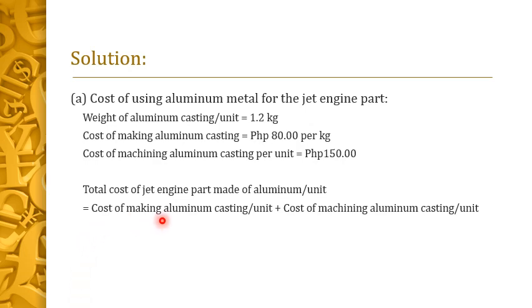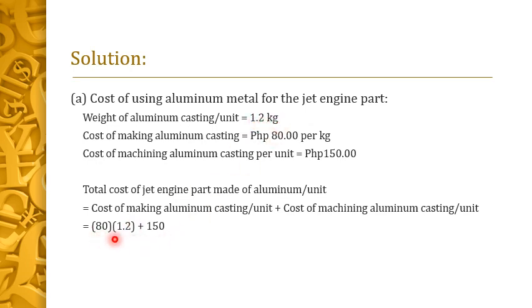The cost of making aluminum casting per unit is equal to the product of the cost of making aluminum casting and the weight of aluminum casting per unit, which is equal to 80 pesos per kilogram times 1.2 kilograms.